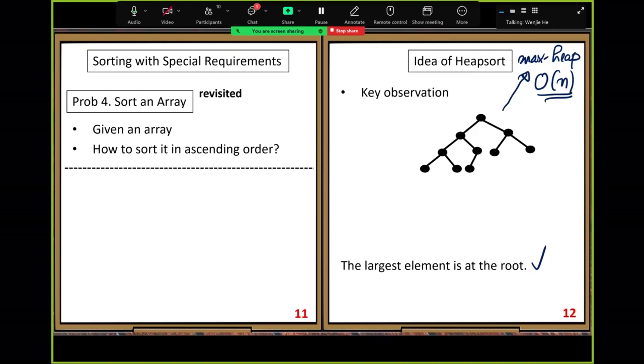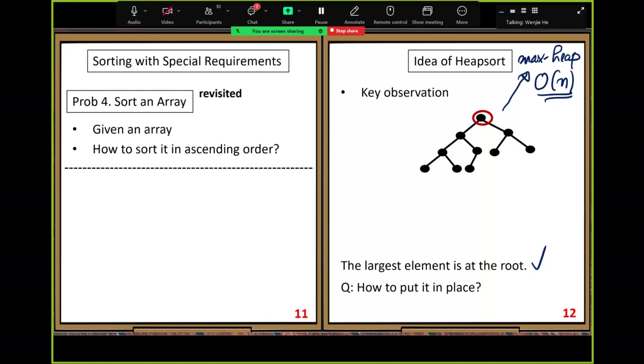So we know its location, and we just put it in place immediately. The first thing we will do is put the largest element in place by a simple swap operation.